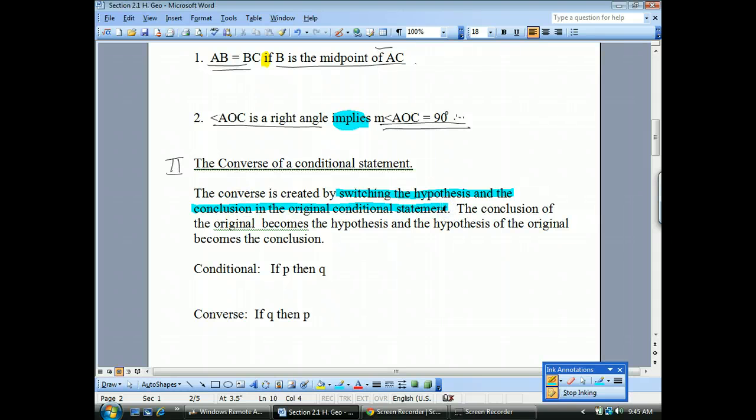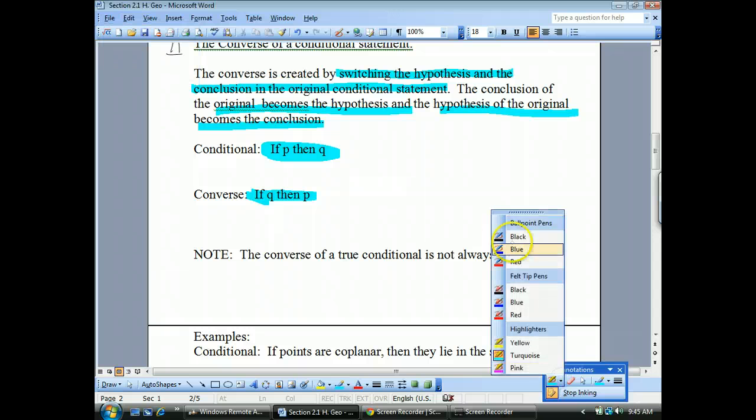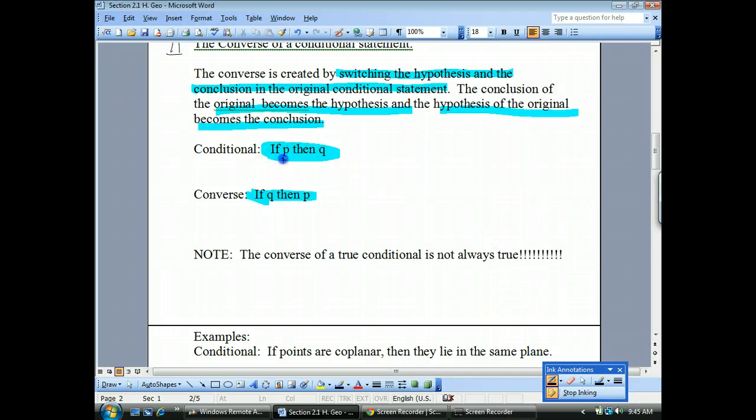The conclusion of the original becomes the hypothesis, and the hypothesis of the original becomes the conclusion of the converse. So if the original conditional is if P then Q, then the converse would be if Q then P. So now, in the original, this one is the hypothesis.